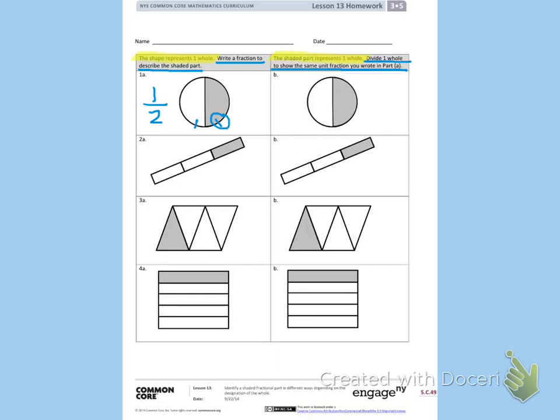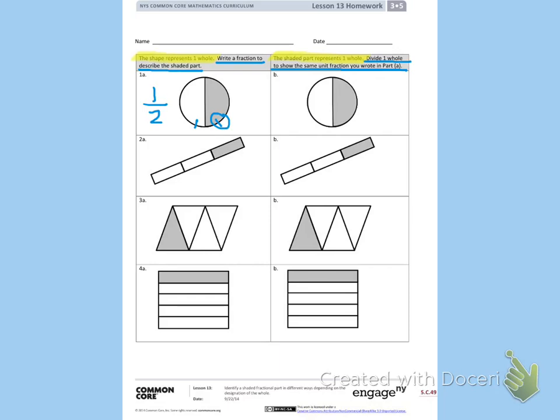Instead of the whole being the circle, this time the shaded part is one whole. We have to divide that shaded part into halves because that's the fraction we wrote in 1A. As you recall, halves means that there are 2 equal pieces in the whole.